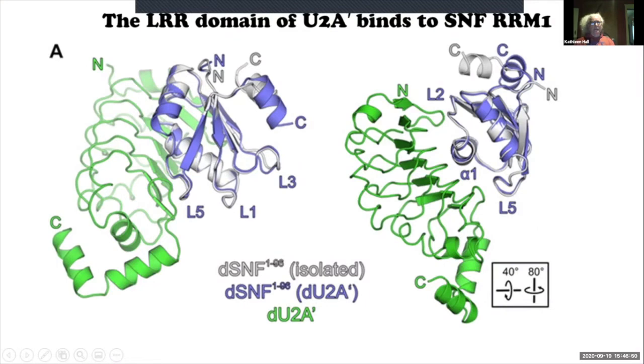You're not seeing any large conformational shifts that would explain a different binding affinity, for example. But what you are seeing is that alpha 1 is basically like a hot dog in a bun, as my students like to say, wrapped up by U2A prime.